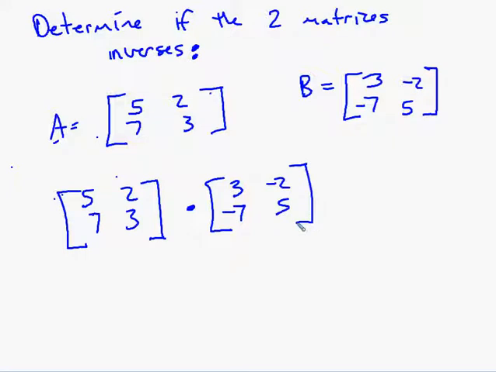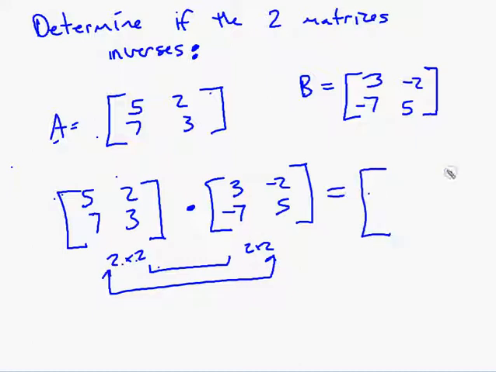So let's multiply. This is a 2 by 2, and this is a 2 by 2. The inner are the same. My outer is 2s, so my answer is a 2 by 2.